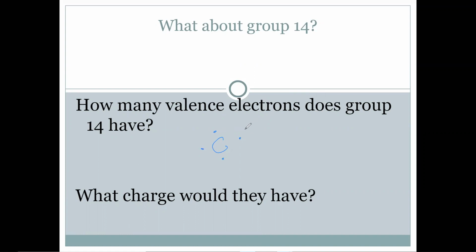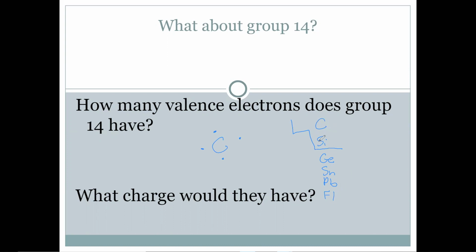So for group 14, it's going to depend what's going on. You'll notice that the staircase kind of cuts group 14 in half, right? So we have carbon and silicon above that staircase. And then below it, we have germanium, tin, lead, and flerovium, which is a fun one.